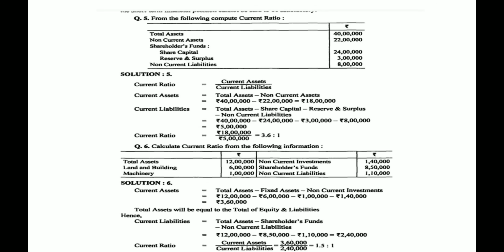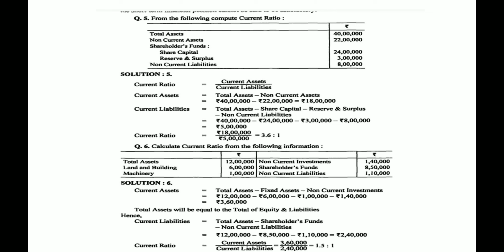Now these questions are quite easy, you can easily solve them, and they are based on some formulas. Like in the following question, compute the current ratio. First of all, current assets should be calculated. Total assets are given, that is 40 lakh. Non-current assets are given, so if you deduct them, you can find current assets.